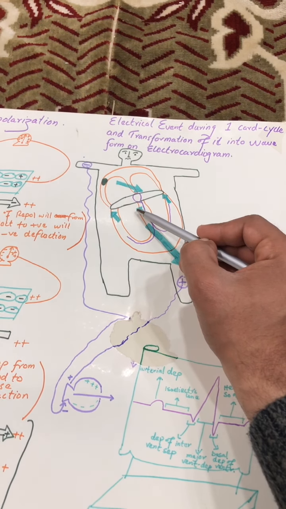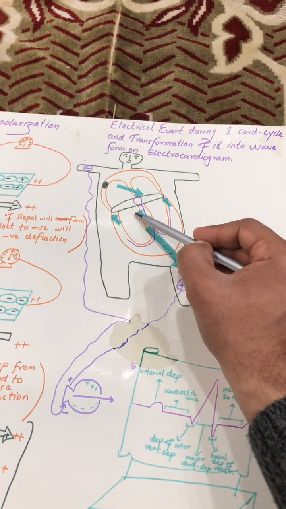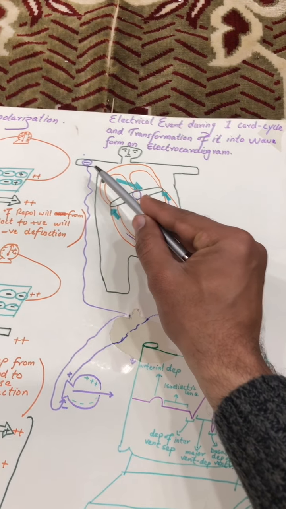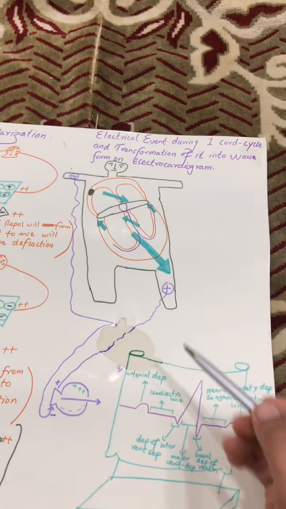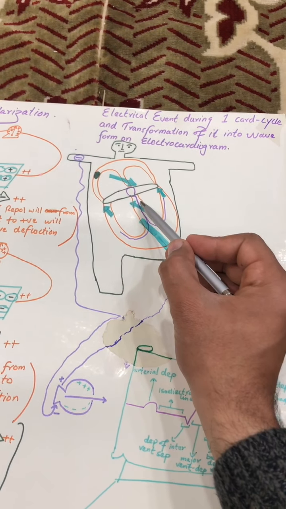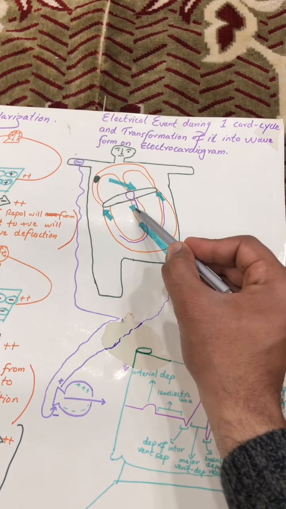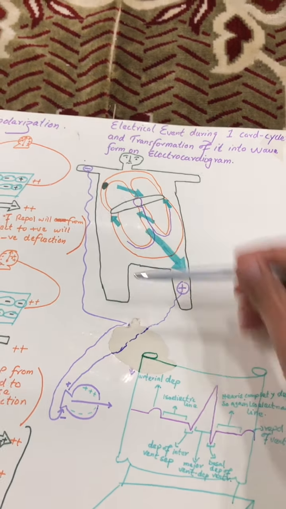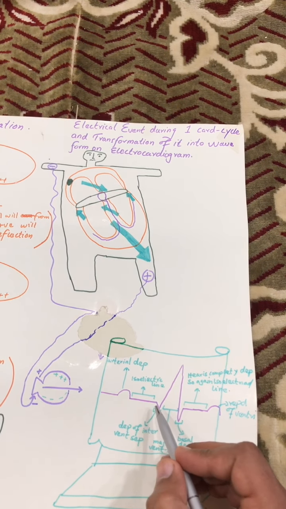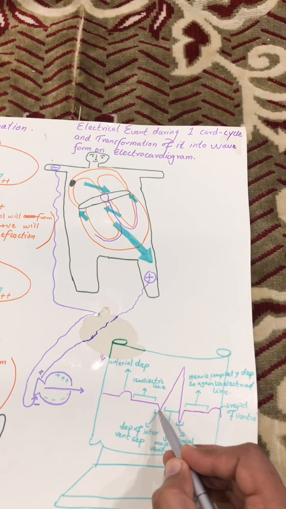So this is a wave of depolarization, which is a positive wave. Positive into negative equals negative, and we know that the interventricular septum is a very small portion. Okay, so it is going to produce a negative deflection.